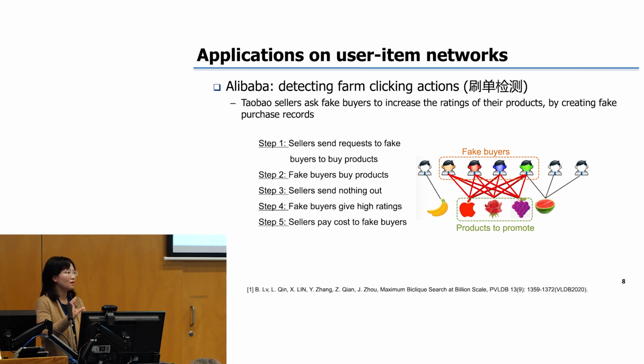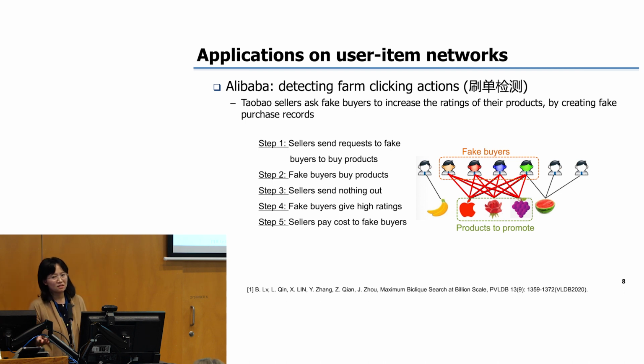Also in these e-commerce platforms, tasks like fraud detection or recommendation usually require real-time responses. So we not only need to deal with very challenging data, we also need to provide real-time responses. This is a real-life application called farm clicking actions.